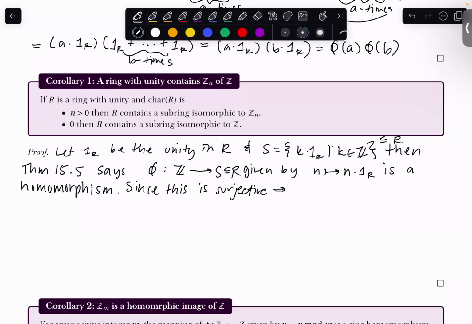Now I can use my first isomorphism theorem. And what does that tell us in our setting here? Now that I have a surjective ring homomorphism, what does the first isomorphism theorem tell me? What mod what gives me what?